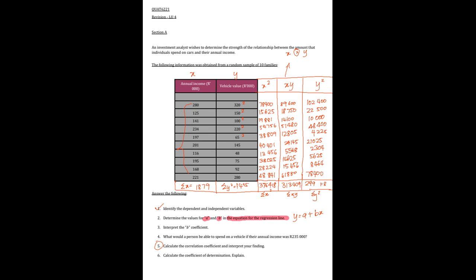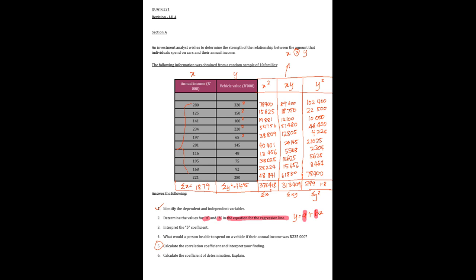We needed to know the value of A and B in the formula. So to calculate the value of A and B, we needed to draw up this table, remember? And then once the table is drawn up, we will apply the following formulas. Now between A and B, B must always be calculated first. So please make note of that.